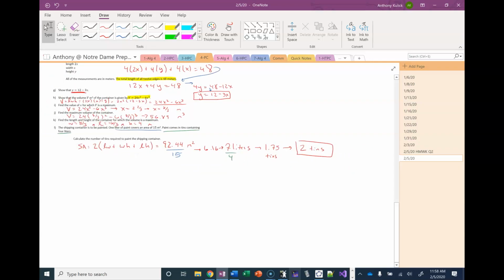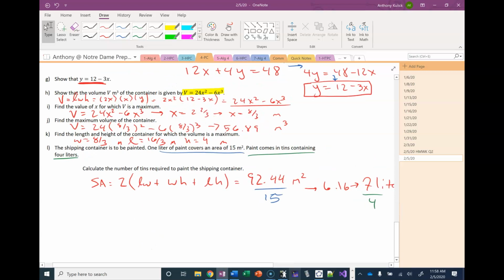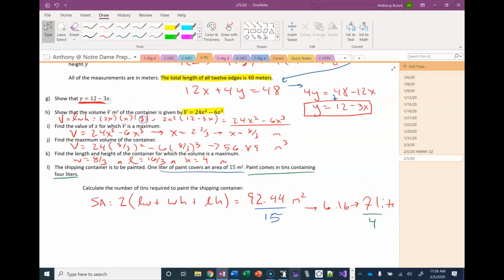Well, not necessarily, right? Because if maybe I didn't know how to do G. But notice the only thing I needed to do h was the answer for the value for y, which I have in g. So even if I couldn't do g, I could have still done h, right? Notice in I, all I needed was this value or this equation for the volume, which I had in part h.